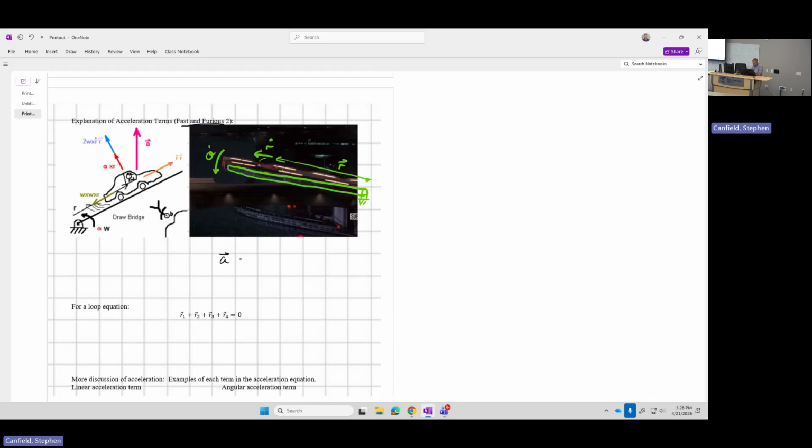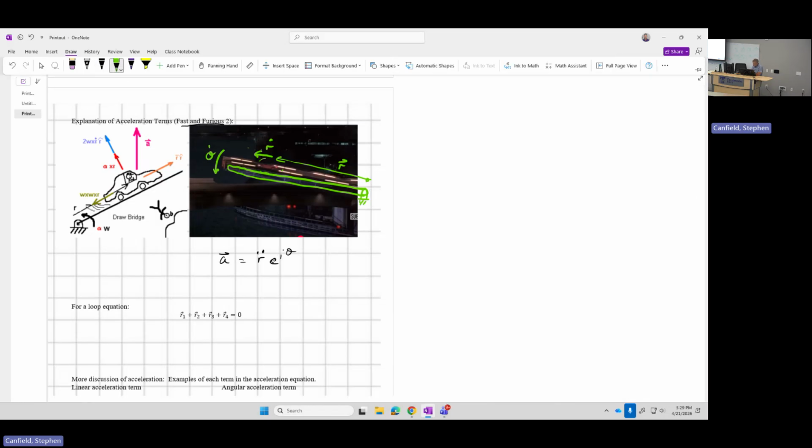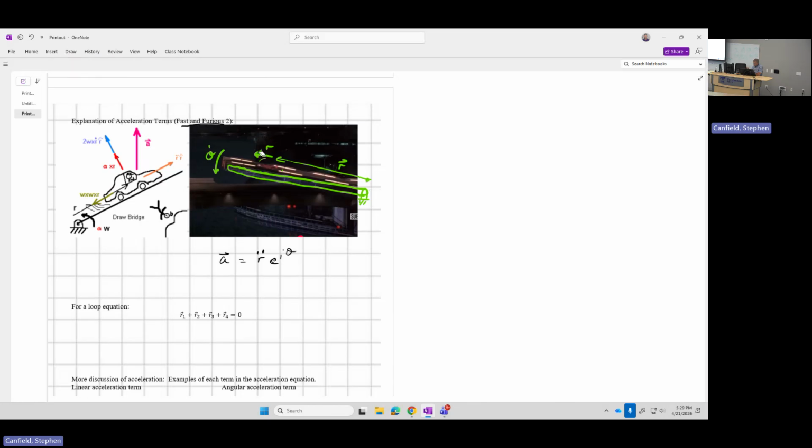And if I look at what's going on, I can see that the car has these terms. So I might ask myself, what's the acceleration of these guys as they're racing along this rotating drawbridge? Well, first of all, I have that linear term. It's the second derivative, the rate of change of their motion along the bridge. And that's in the direction of that theta. That guy is going to be in this direction.